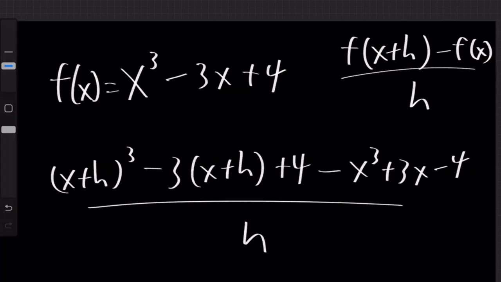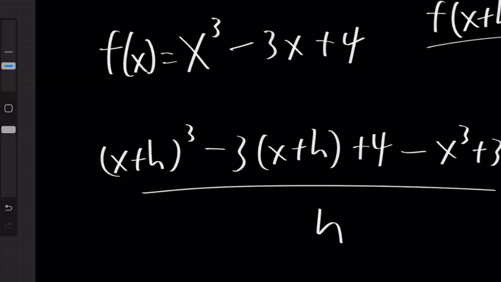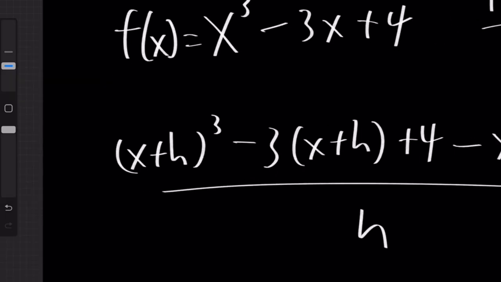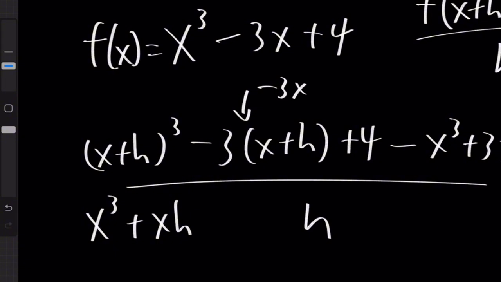Now I'm just going to do a little algebra, and I'm really not going to show you it because it's just algebra. It's just tedious. Just solving this, expanding this into x cubed, x times h, plus xh, blah blah blah, and we're distributing the negative 3 here, so minus 3x minus 3h.